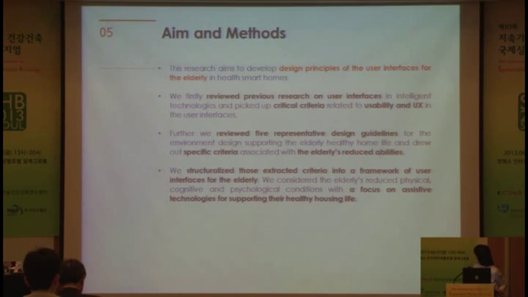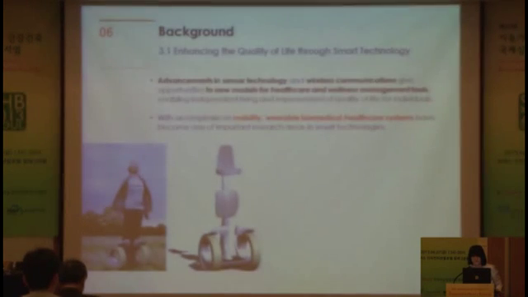And we also reviewed 5 representative design guidelines for the environment design supporting the elderly's healthy home life. And also we drew out specific criteria associated with the elderly's reduced abilities. And then we structured those extracted criteria into a framework of user interface for the elderly, with a focus on assistive technologies for supporting their healthy housing life.